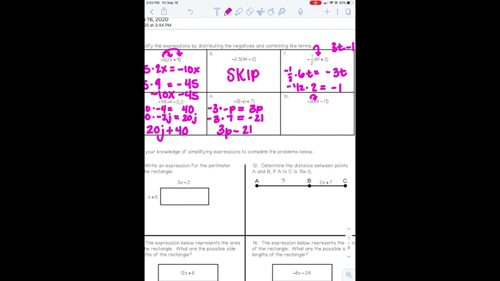And lastly, I'm going to do -2 times 6d, which is going to give me a -12d. And then -2 times -11, which gives me a +22. So I'm going to have -12d plus 22.